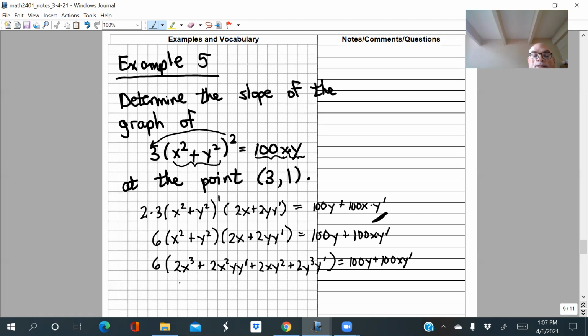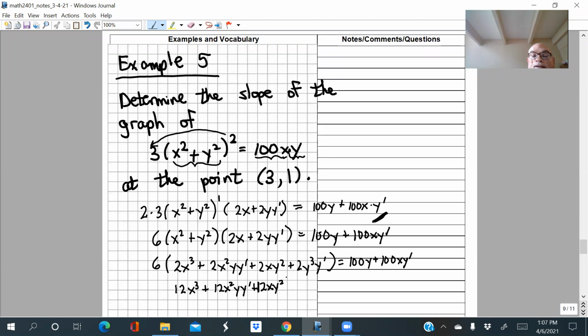Well, let's multiply the 6 in. So I have 12x cubed plus 12x squared y prime plus 12xy squared. Whoops, I forgot to multiply my 6 in, so that's 12.